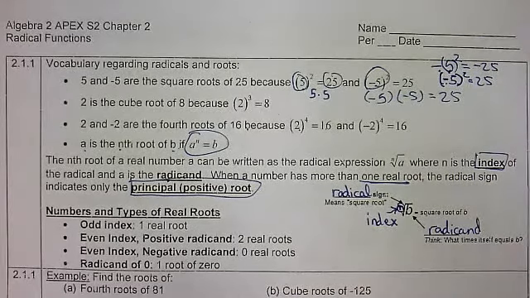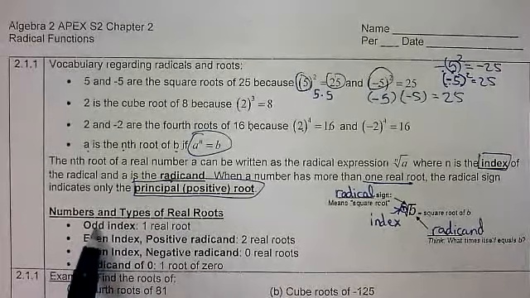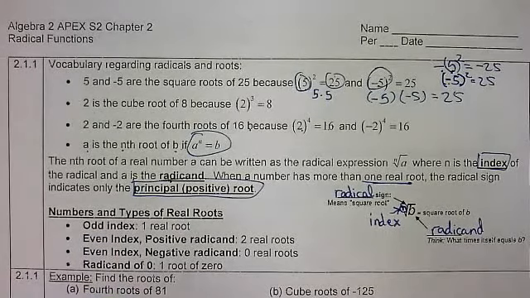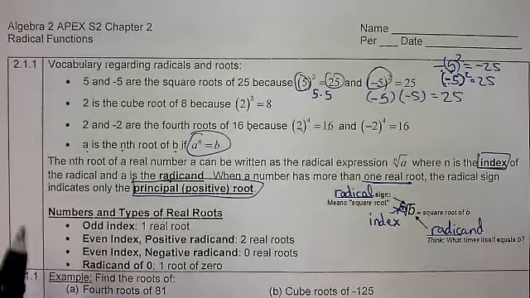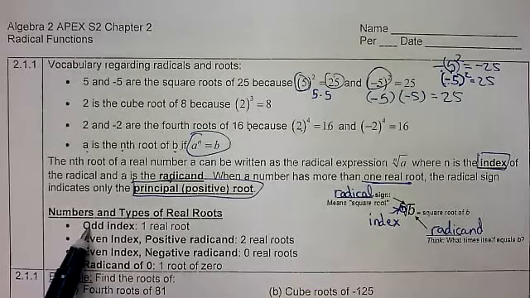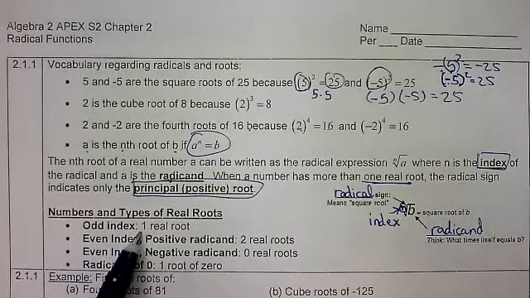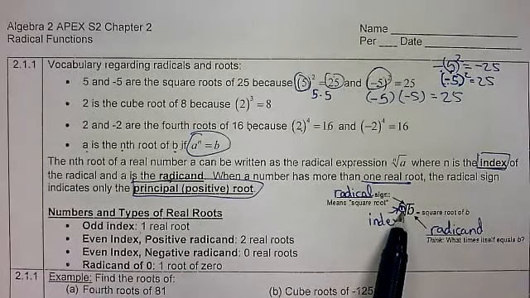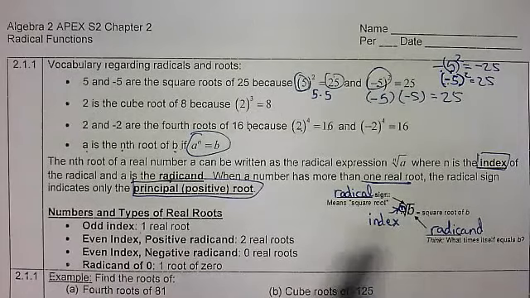Okay. So you don't have to remember this, but you want to keep in mind these rules, or these guidelines. So if it's an odd index, it's got one real root. So in other words, if this number is a 3 or a 5 or a 7.